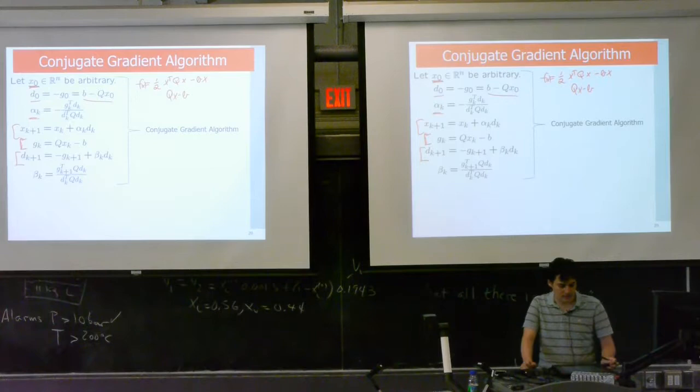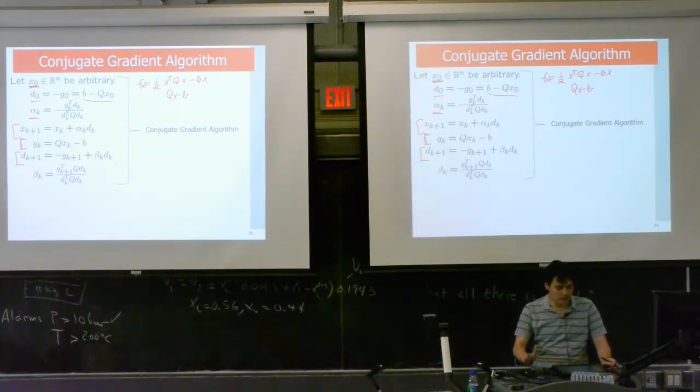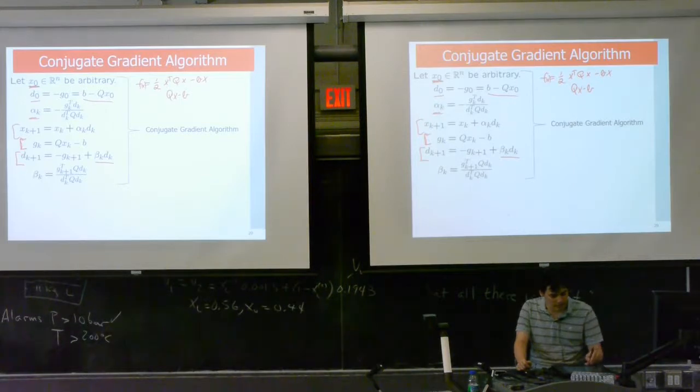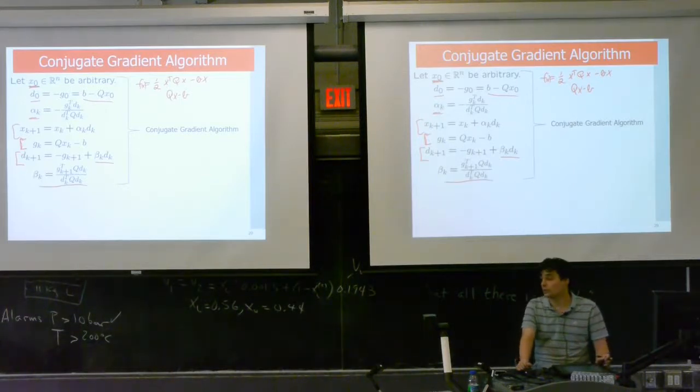That is, the new conjugate direction will be constructed as the negative gradient at xk plus 1 plus dk, the previous direction, multiplied with the scalar beta, where beta looks like this.